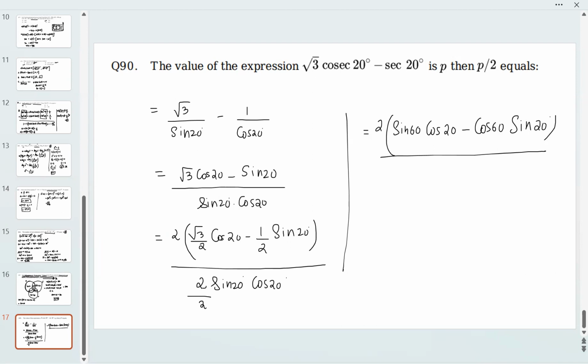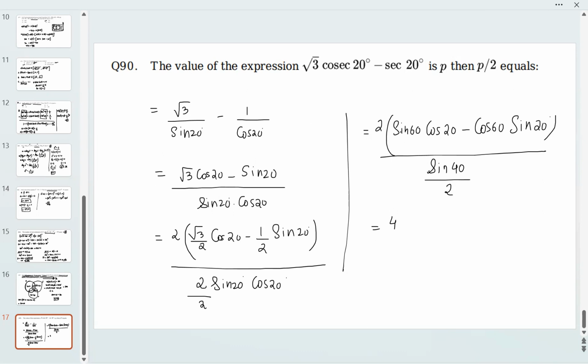Please note here the denominator will become 2 sine theta cos theta. 2 sine theta cos theta is sine 2 theta, the angle gets doubled. Sine 20 doubled is sine 40 upon 2. Now this 2 will go up and multiply with this, so we'll get 4.